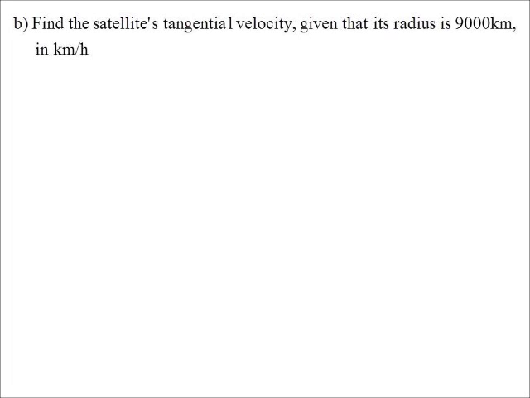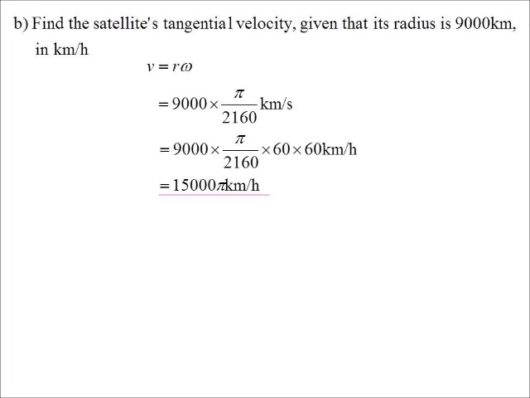So I want it in kilometres per hour. So velocity is r times omega, so 9,000 kilometres times pi on 2,160. That would be kilometres per second, though, because remember, I had my angular velocity in radians per second. So to turn it into per hour, I'll multiply it by 60 and 60. You see, it's travelling pretty quick. 15,000 pi kilometres per hour.